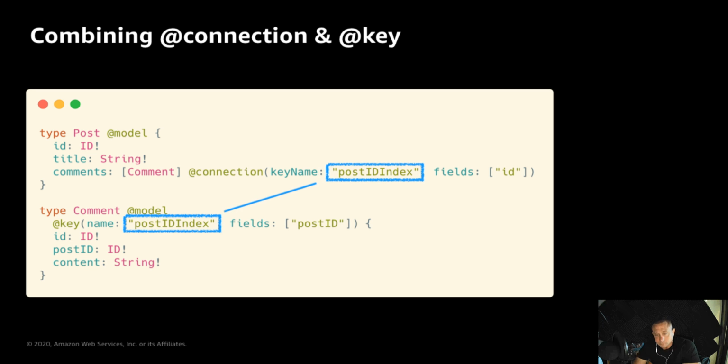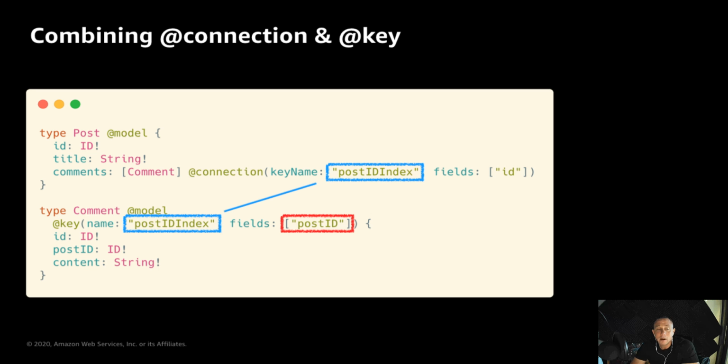We're going to then, in the comments array, add the @connection, and we're going to specify the key name that we want to use on that child field or on that relationship field. So we're going to say the type of post has many comments. And for that connection, we want to use the key name of post ID index. We're going to then specify the fields that we'd like this to be queried on.